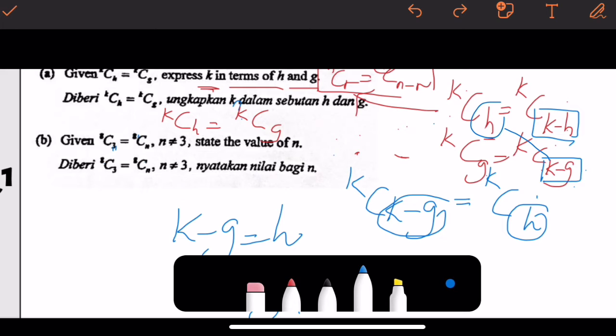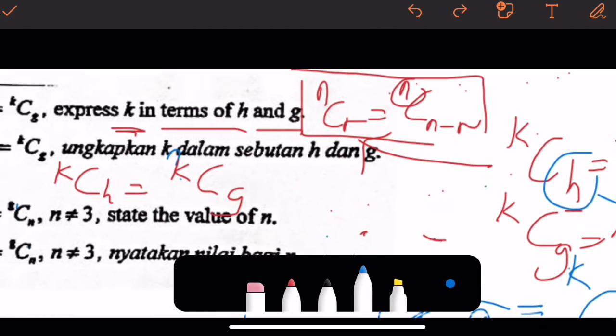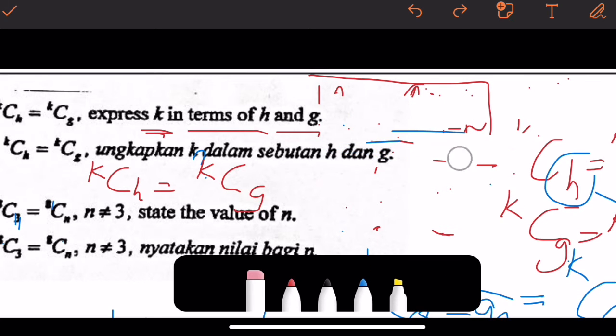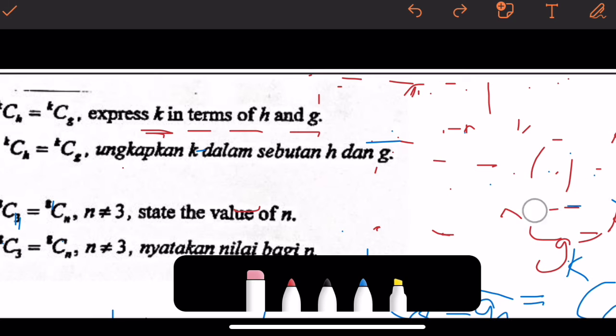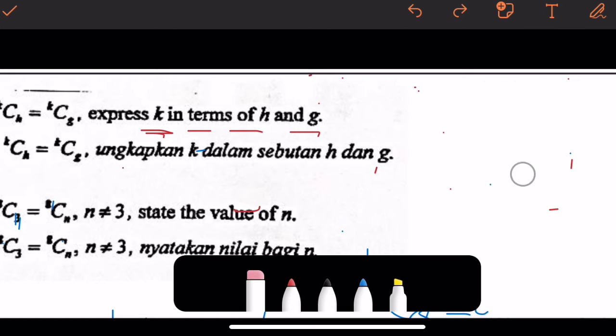Alright, so we have solved one question by using this formula. Do you understand? If you don't understand, I will explain again, as slowly as possible. We have KCH.